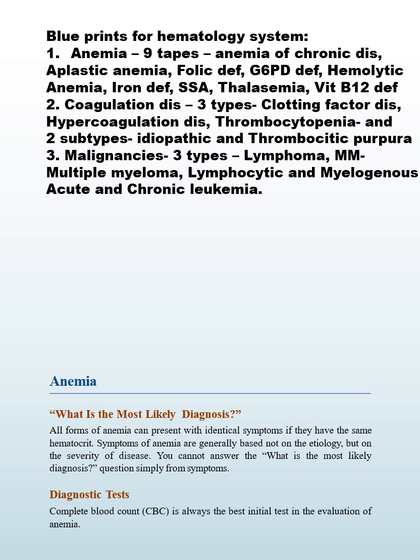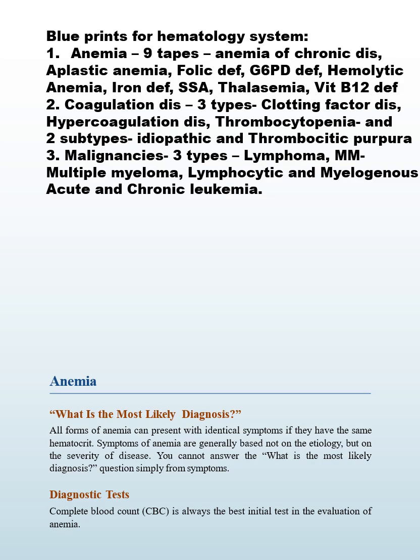Number 1, anemia of chronic disease. Number 2, aplastic anemia. Number 3, folic deficiency anemia. Number 4, G6PD deficiency anemia. Number 5, hemolytic anemia.